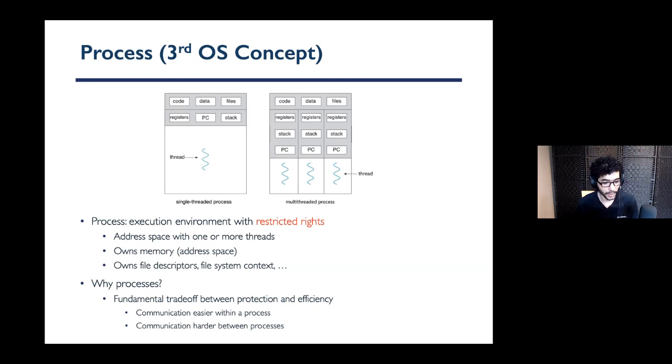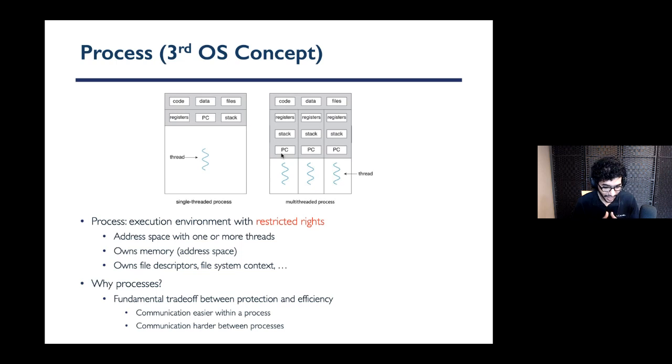All threads in one process can access code, data, and files. Each one of them separately will have its own registers, its own stack, and its own PC, which makes sense because each one of them is potentially running a different piece of code. So they have different active parts, if you wish.